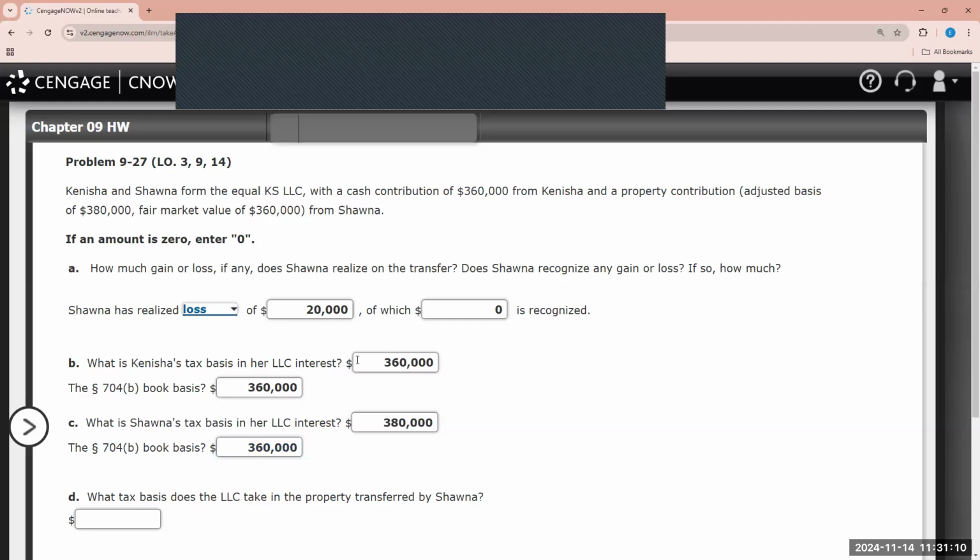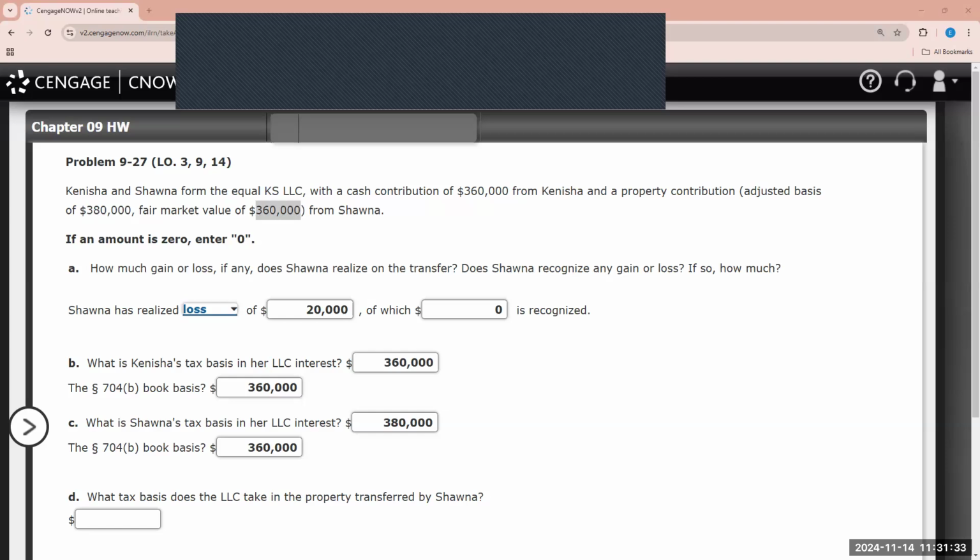All right. So here we see Kanisha contributed cash, $360,000. The book basis is equivalent, $360,000. And Shauna contributed the property, which has a tax basis that is the carryover, the adjusted basis. And the book basis is based on the fair market value, which is $360,000.